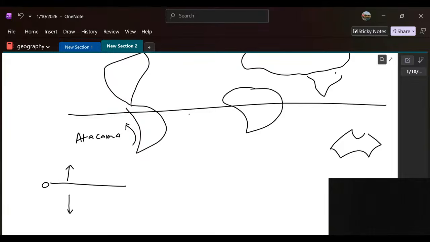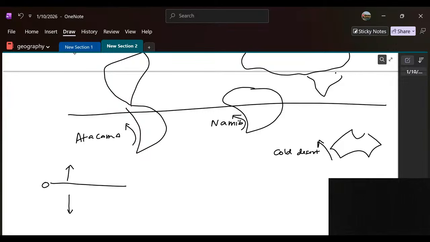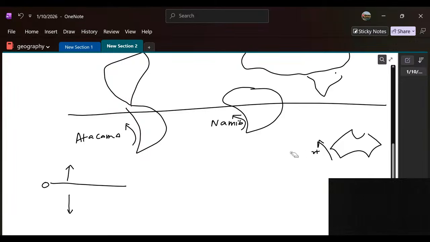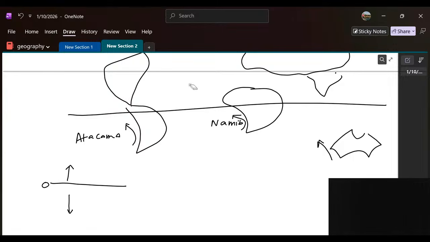Namib is a cold desert. Australian desert is also a cold desert.